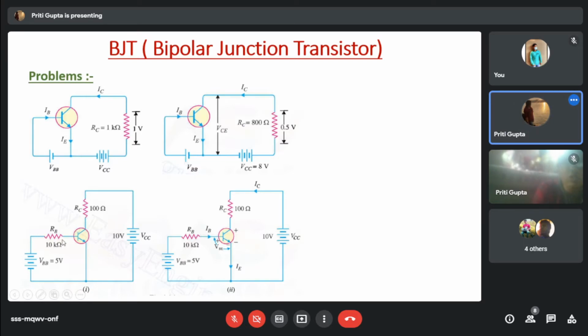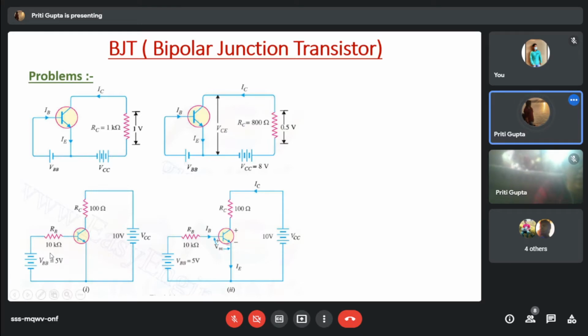Whatever we need to calculate, our first approach is to find the IB, that is the base current. How will we find IB? We will simply apply KVL in the input loop, the base to emitter loop.